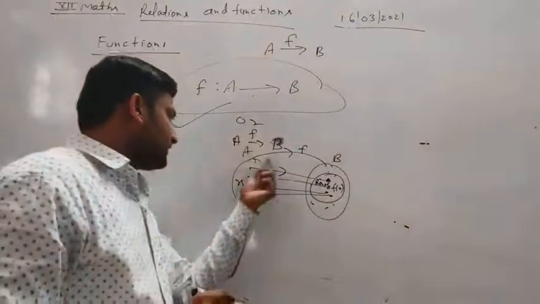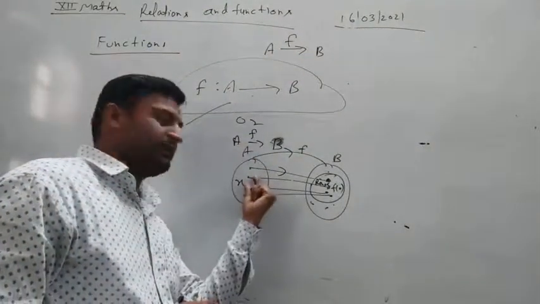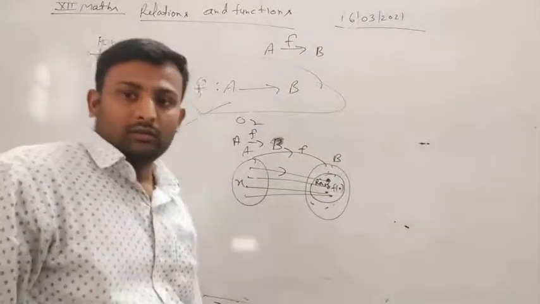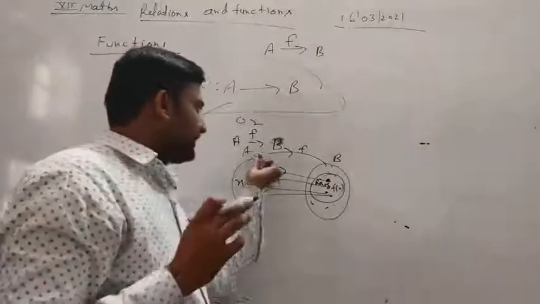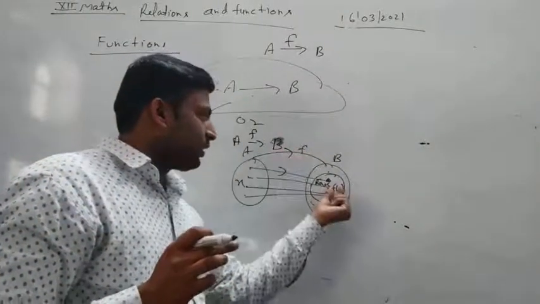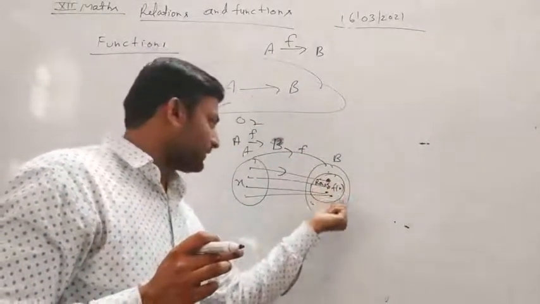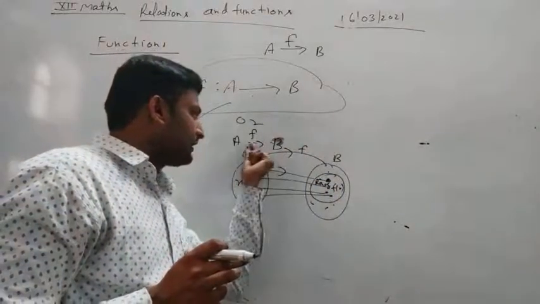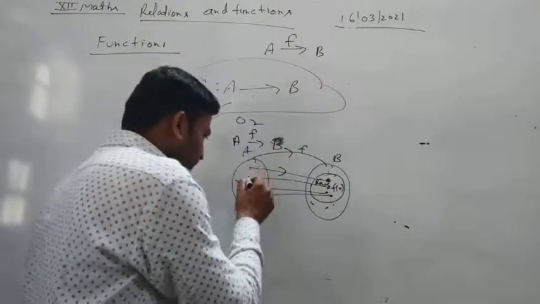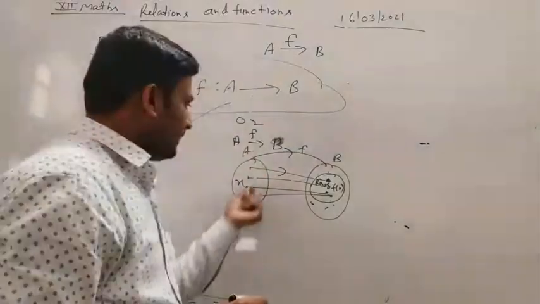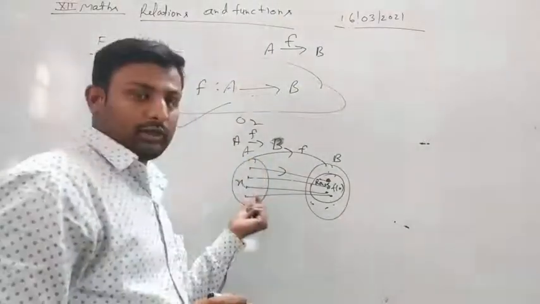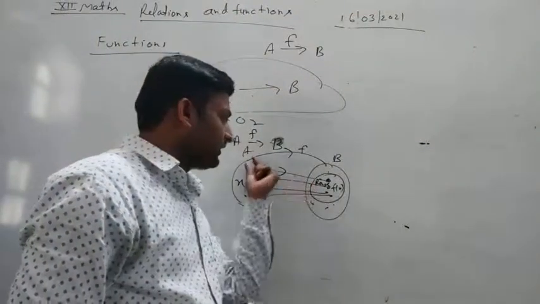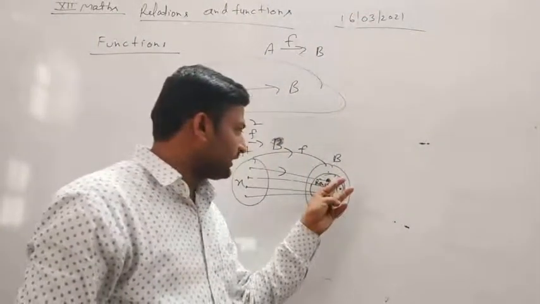The set A is called the domain, this is our codomain, and the f-image of this set is called the range. So f(x) is our range, which has the f-image of set A. Suppose 1, 2, 3, 4 are the domain. Its pre-image is this, and its f-image is this element.